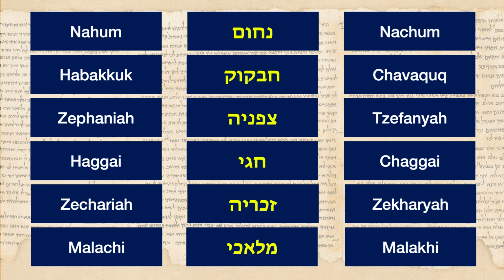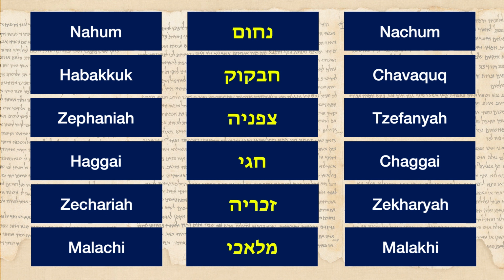Habakkuk is Chavakuk. Zephaniah is Tzefanyah. Haggai is Haggai. Zechariah is Zekharyah. And Malachi is Malachi.